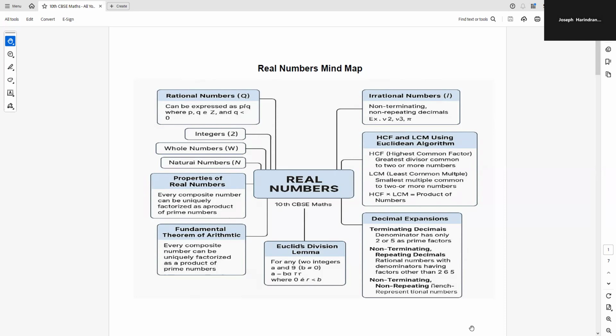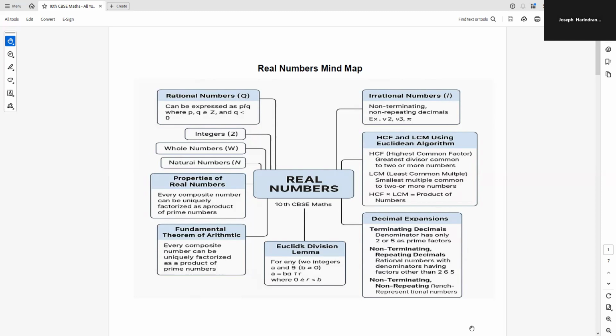We have integers, denoted by the capital letter Z. The whole numbers include only 0 onwards, 0, 1, 2, 3, up to infinity, denoted by the capital letter W. Natural numbers are the counting numbers, denoted by the capital letter N, the set of all natural numbers starting from 1, 2, 3, 4, etc.